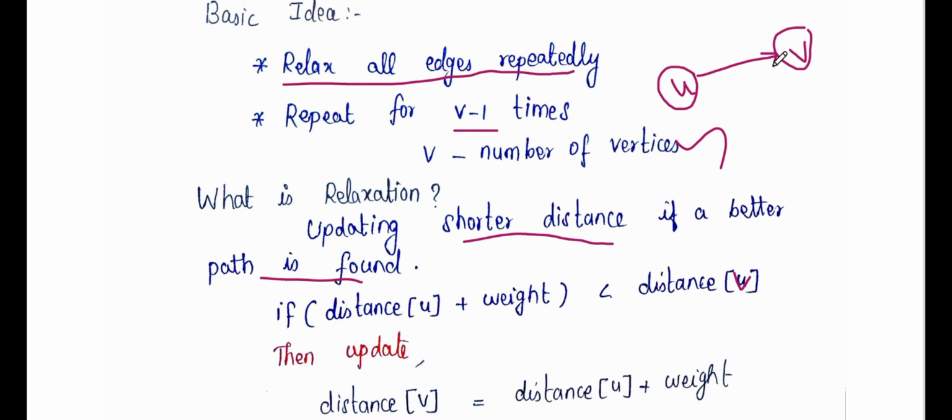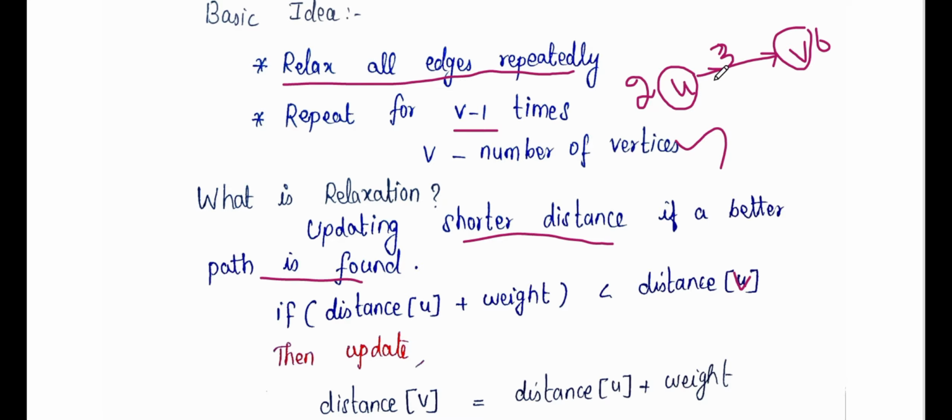So some distance is there. Just assume the distance of vertex u is 2, and the distance of v is 6. Here some value is there, that is the weight. The weight of this particular path is 3.